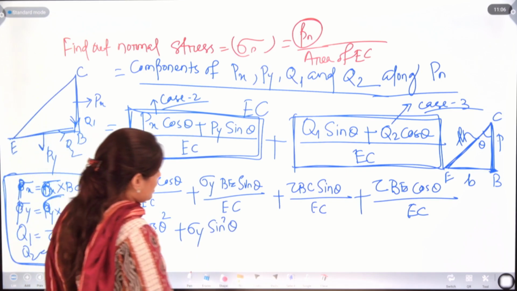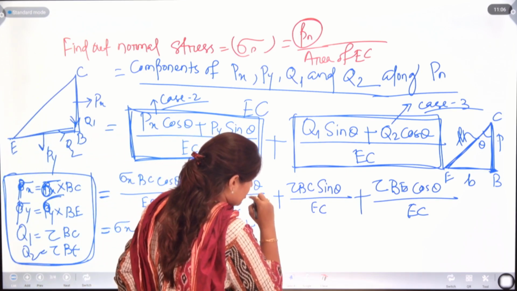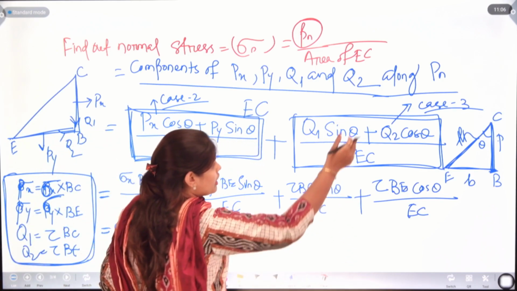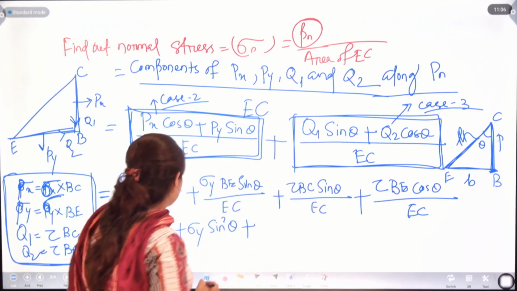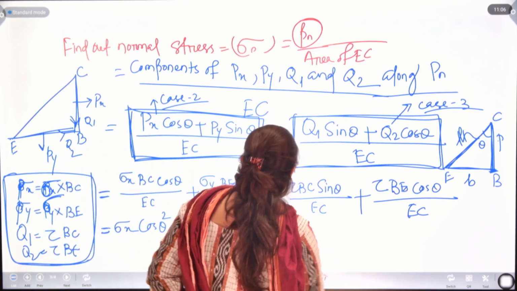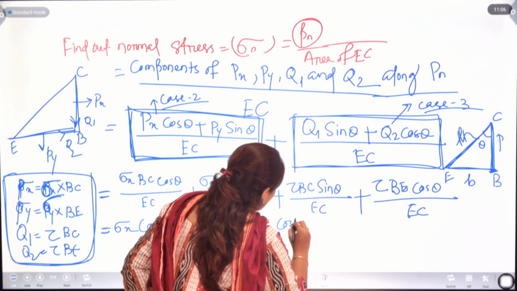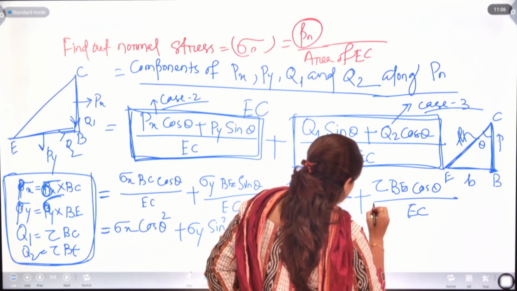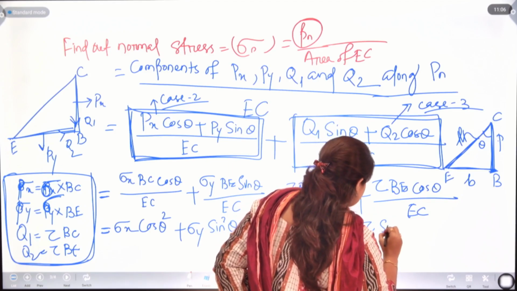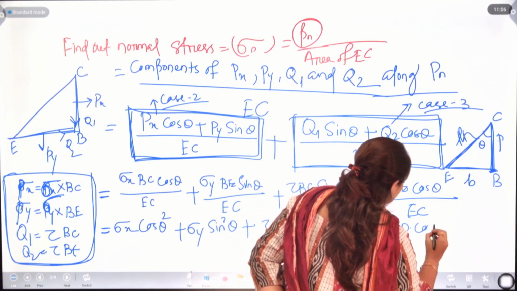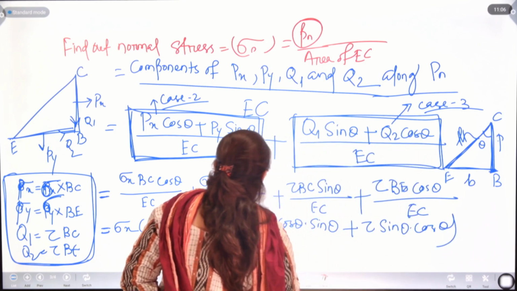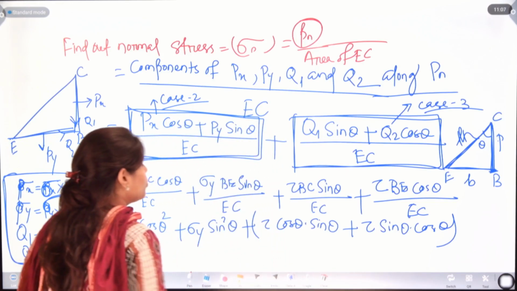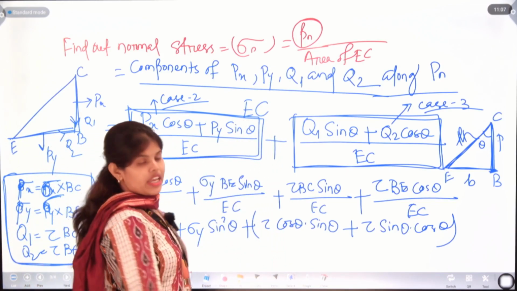Now, again BC upon EC: tau cos theta into sin theta plus tau sin theta into cos theta. If these are added, we will have 2 tau sin theta cos theta.